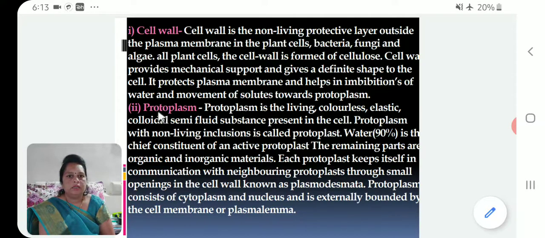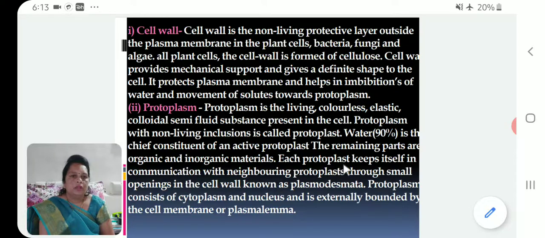The second component is the protoplasm. Protoplasm is the living, colorless, elastic, colloidal semi-fluid substance present in the cell. Protoplasm with non-living inclusions is called protoplast. About 90% water is present in the protoplast and the remaining 10% is organic and inorganic material.